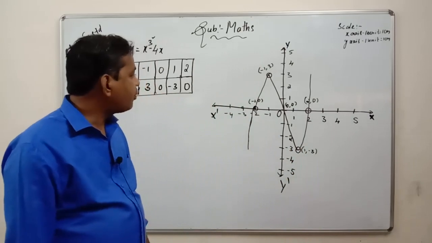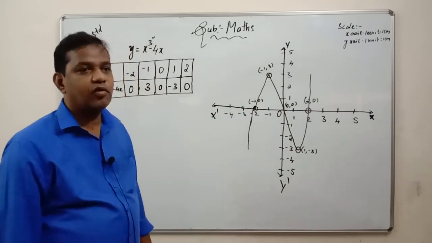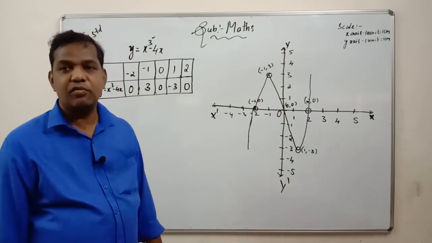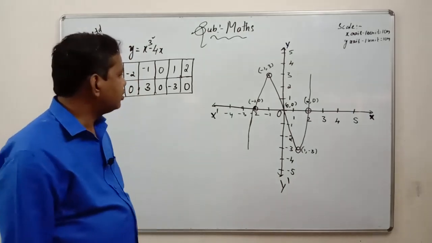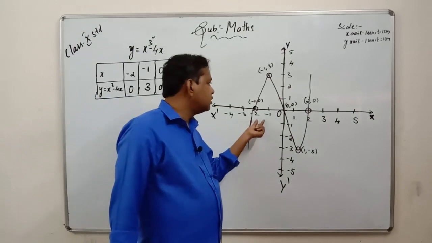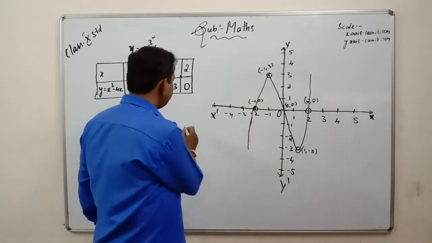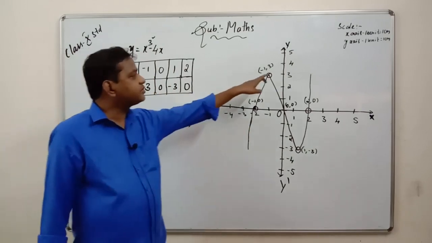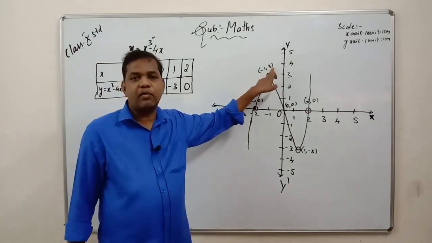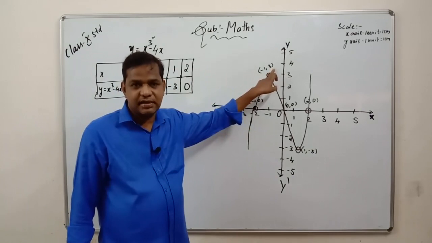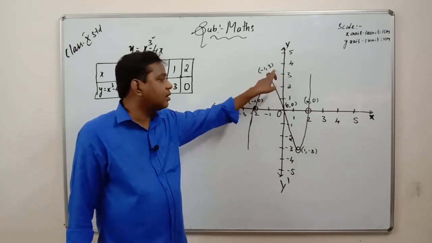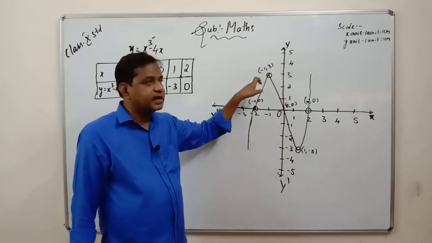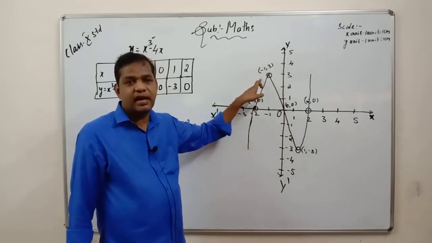Now, how many zeros of the polynomial are there in this graph? We have minus 2, 0, and minus 1, 3. I cannot take minus 1, 3. Why? Because it is not touching the x-axis. It is above the x-axis, so we won't consider minus 1 and 3.